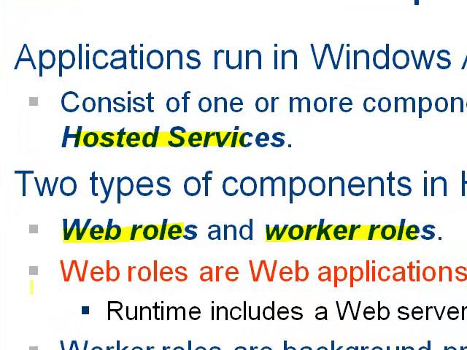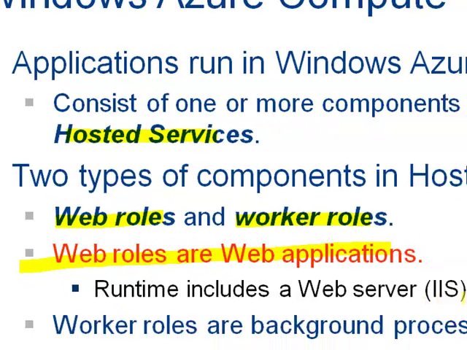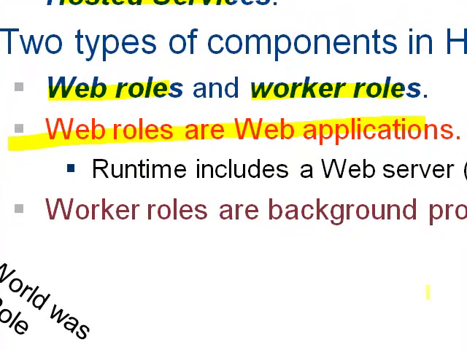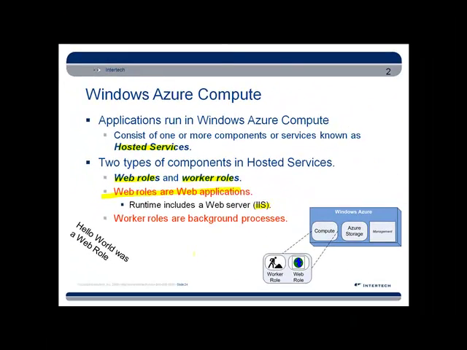Web roles, as we learned through Hello World, is simply a web application. In fact, it's actually fronted by an instance of IIS. And then we have also worker roles. Worker roles, as we'll learn, serve as background processes. Think of them as Windows services or as batch processes, performing work, but really not having any kind of visual or user interface attached to them.